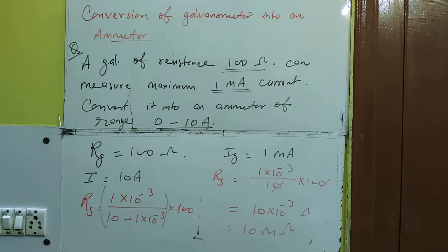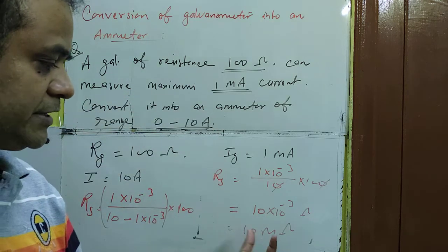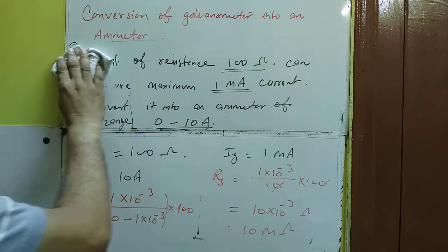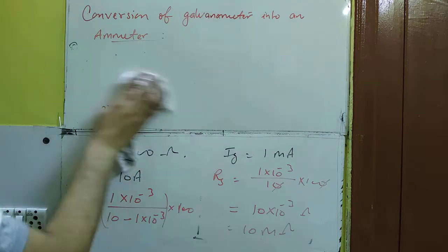So you can convert this galvanometer into an ammeter by connecting a resistance of 10 milliohm in parallel to that galvanometer. So by this method you can easily understand the conversion of a galvanometer into an ammeter. Now there is one more important thing we must know.